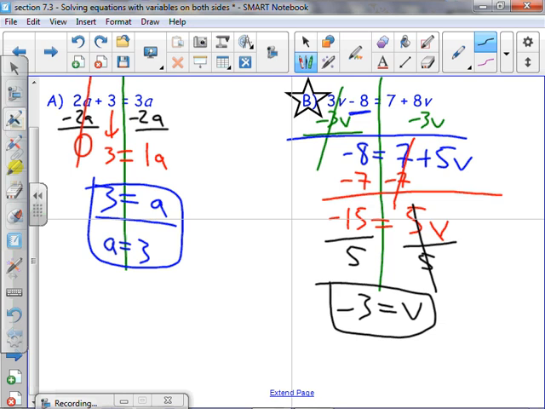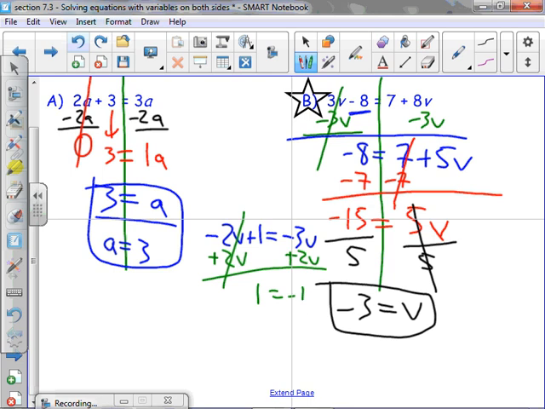The only thing you have to remember is that when you have variables on both sides, you have to get rid of them from one side by subtracting. Or, very quickly, in the case of something like this, if you had negative 2v plus 1 equals negative 3v, and you wanted the v gone from one of the sides, because you had a negative 2v here, to undo a negative 2v, you would add 2v, and then solve from there. 1 equals negative 1v, and you would get that v equals negative 1.